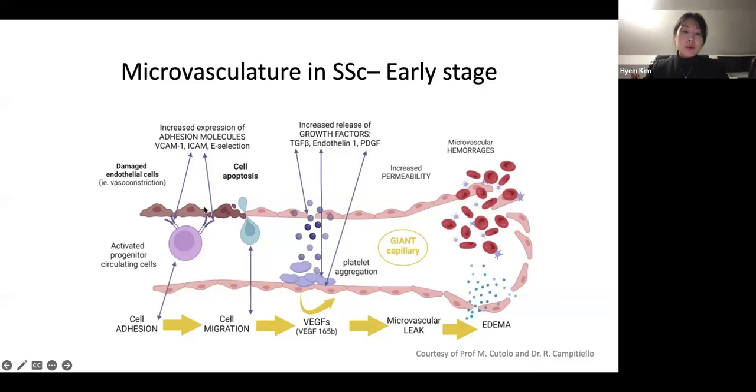Sometimes we start to see leakage from the blood vessels, and that's why we see what we call hemorrhage, almost bruising, around the nail fold. And we see these enlarged nail folds sometimes.